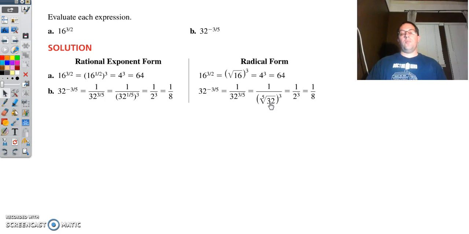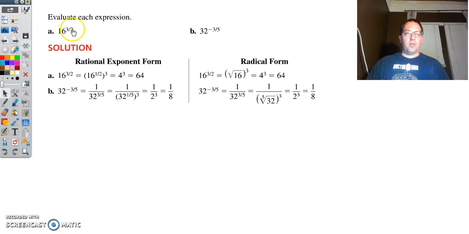So what can you multiply by itself 5 times to equal 32? Well, that's 2. So the 5th root of 32 is 2, so we have 1 over 2 cubed. 2 cubed is 8, so we have 1 over 8. All right? And that's how this works. When you're working this out, a lot of times you can do this without a calculator. Take the nth root of the number first.